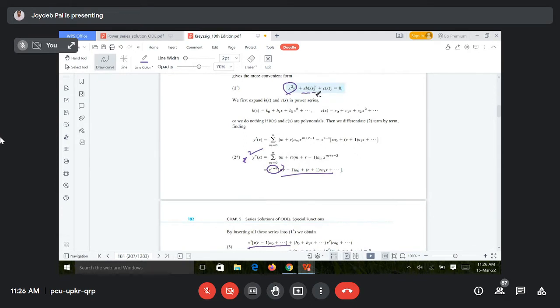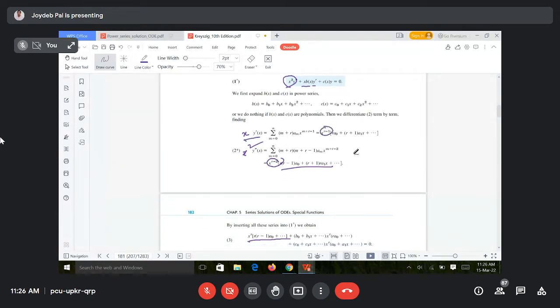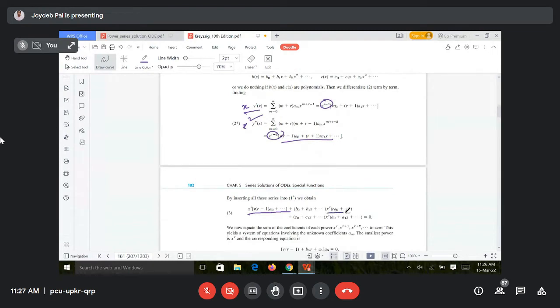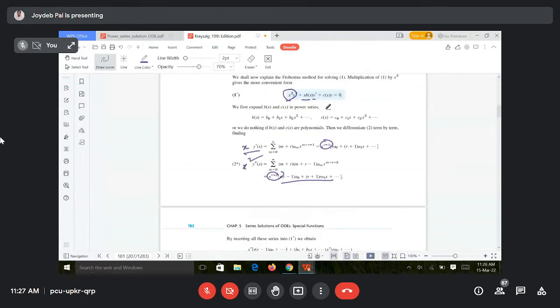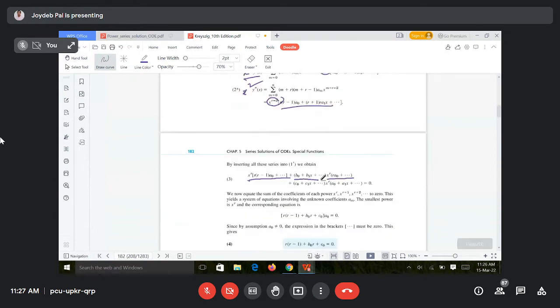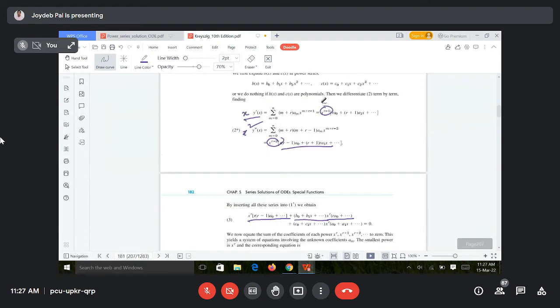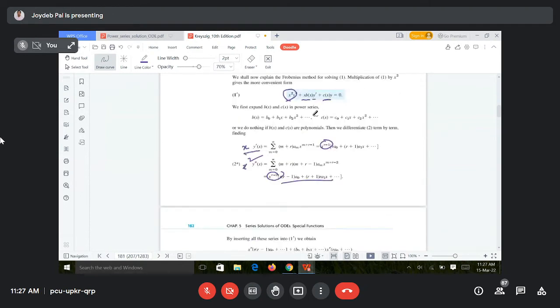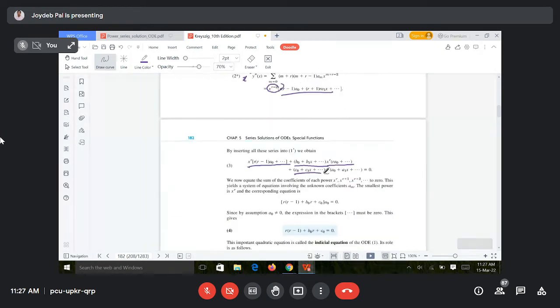Now x into y dash करेंगे तो क्या होगा, x to the power r हो जाएगा. x to the power r into that series, और ये bx का भी सीरीज डाल दिया है. ओके bx का भी सीरीज है यहाँ पे. सो bx का सीरीज, x to the power r into y dash का सीरीज, and last term क्या है, cx into y, तो cx का सीरीज and y हो जाएगा x to the power r into this.